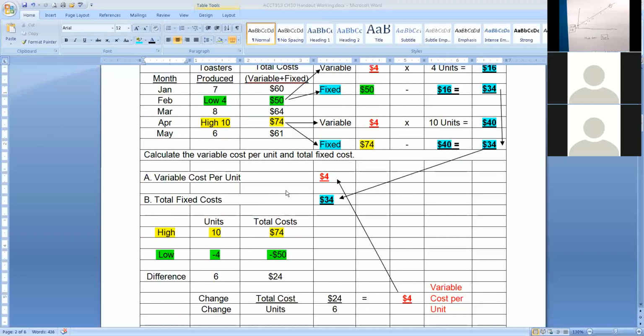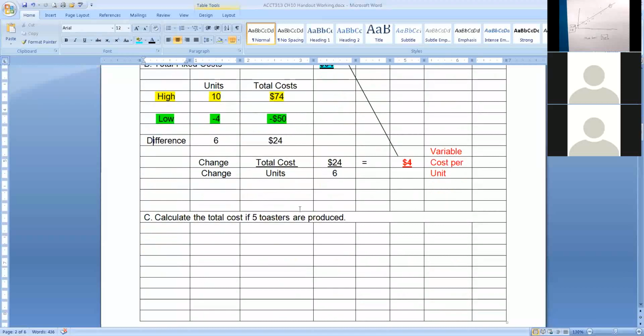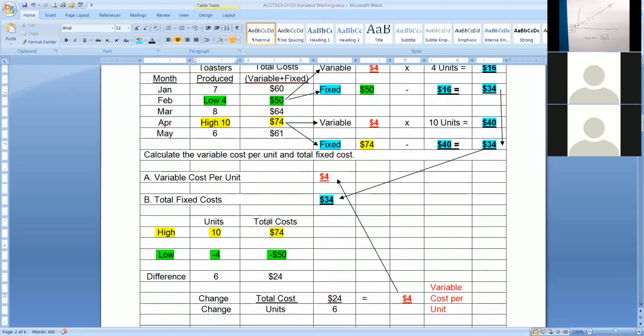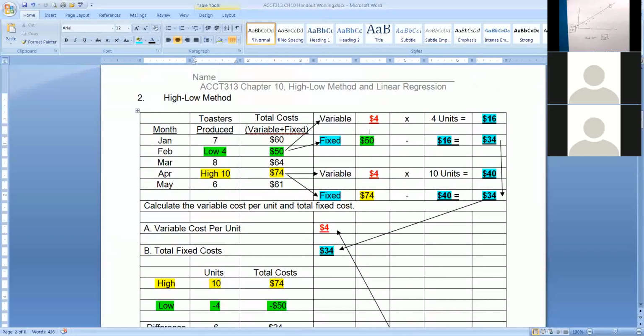And here's how you use it. Down here, calculate the total if 5 toasters are produced. Well, the total cost would be both variable and fixed. And by the way, one more thing, let me talk about this real quick. Variable plus fixed is this 50.